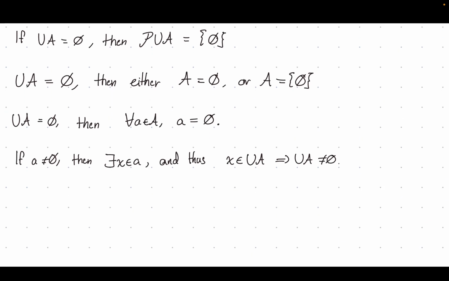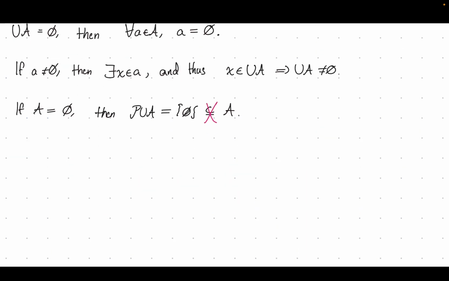Right? And I encourage you to try and prove this yourself, or just leave a comment and I can expand on it. But now, if A is equal to the empty set, then the power set of the union of A, which is equal to the set containing the empty set, is not a subset of A. Why?